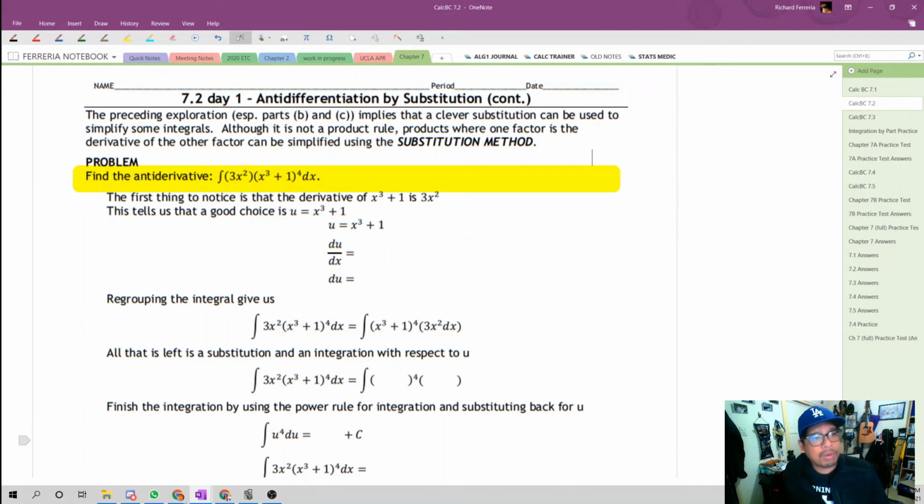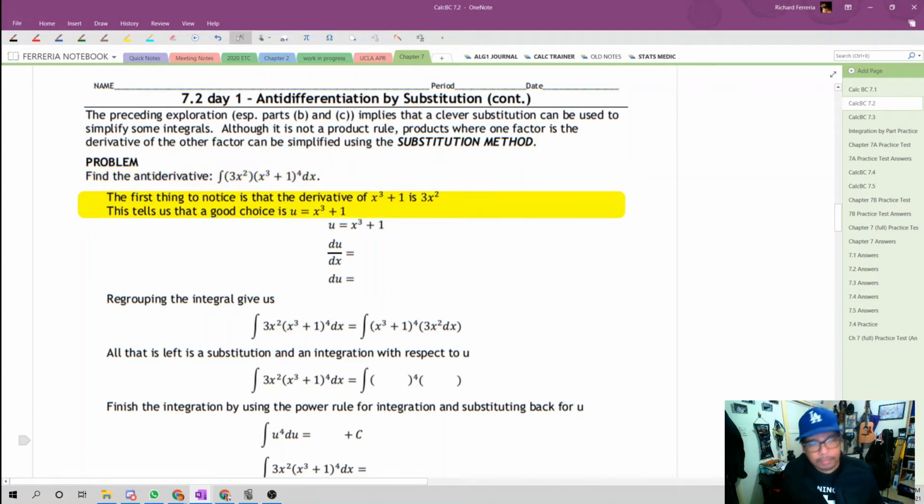Find the antiderivative of 3x squared multiplied by the quantity of x cubed plus 1 to the 4th power. We notice here that the derivative of x cubed plus 1 is 3x squared. And this tells us that a good choice here is u is x cubed plus 1.